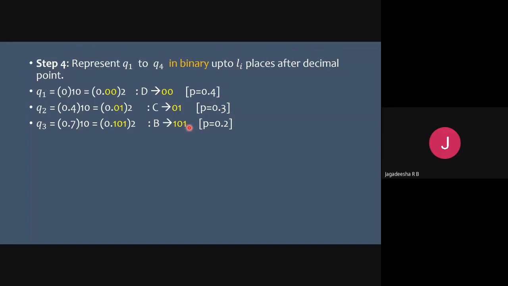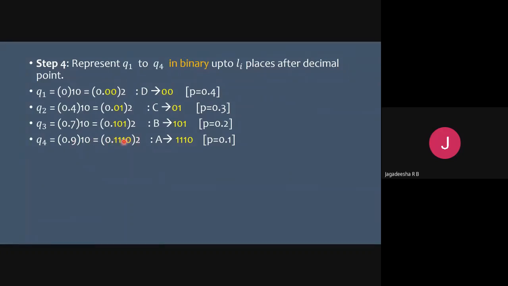Next, Q4. What's the probability of Q4? 0.9, and that's in decimal. Here 10 indicates it is in decimal. Okay, it is not multiplying 10, just indicating the index that it is 10. Now I'm converting it into binary. What's the binary equivalent of 0.9? 0.111010 and so on.